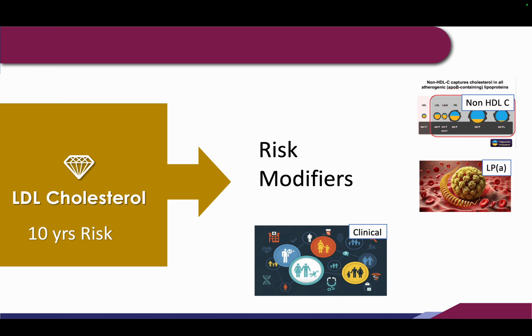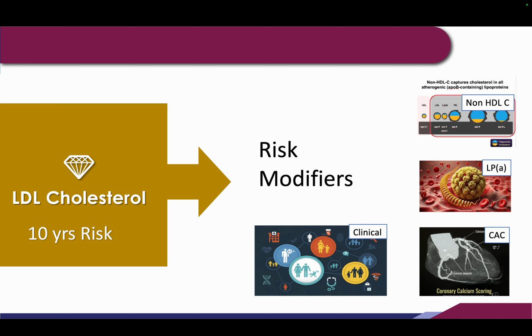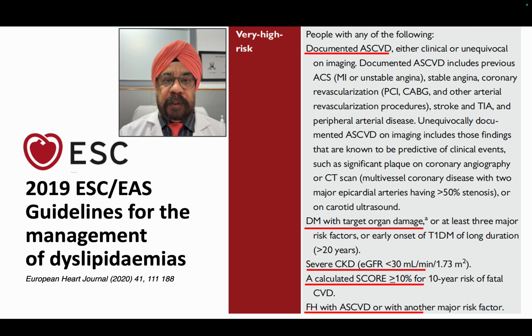And then there are clinical parameters, like inflammatory disease or a family history of coronary artery disease. These are the clinical modifiers of risk, where you can upscale the risk from low to moderate category and from moderate to high category. Coronary calcium score is also a risk modifier.